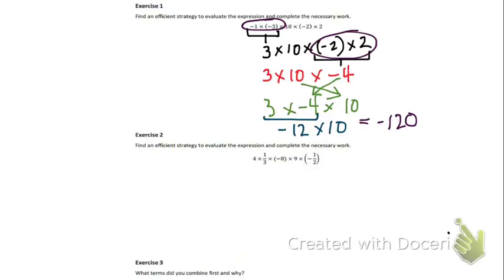Then I commuted a few integers, my 10 and my negative 4, because I like to have 10 at the end, the last thing I do. 3 and a negative 4, of course, yields a negative 12, and then multiplying that by 10 is a simple problem, which gives me negative 120, which I had done earlier.